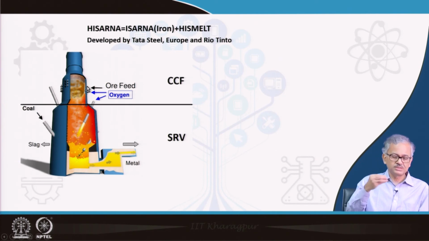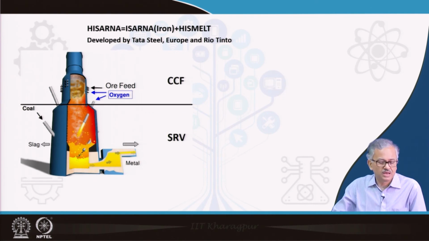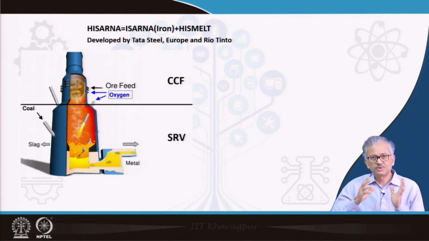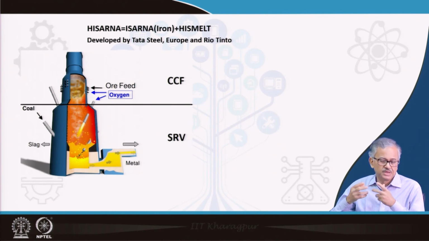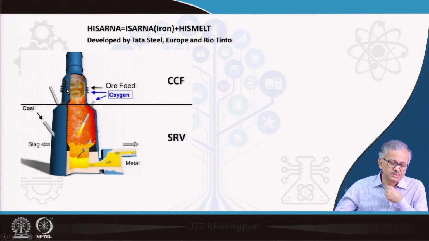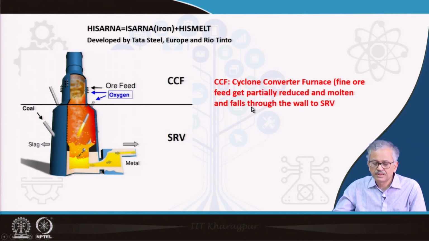So, iron ore fines is charged into the cyclone, and in the hot atmosphere of the cyclone, the iron ore melts and is partially reduced also. And since it is a cyclone, the iron ore remains on the surface of the wall, and then that trickles down to the smelting reduction vessel, and finally the rest of the reduction takes place in the smelting reduction unit.